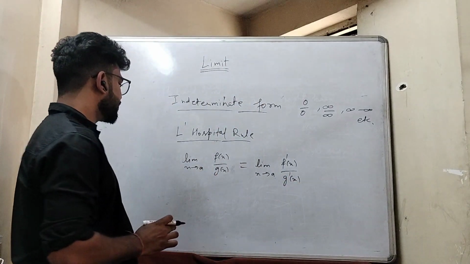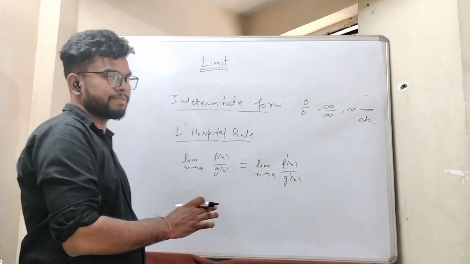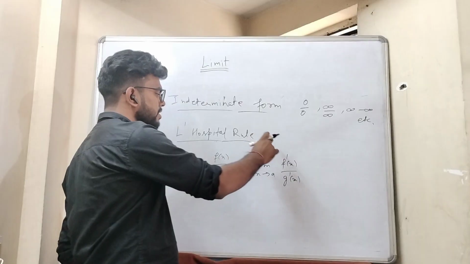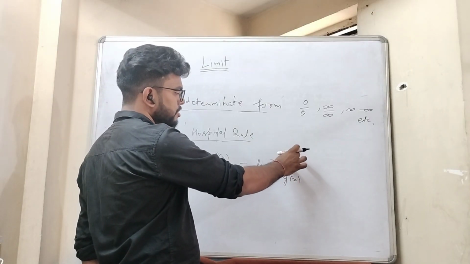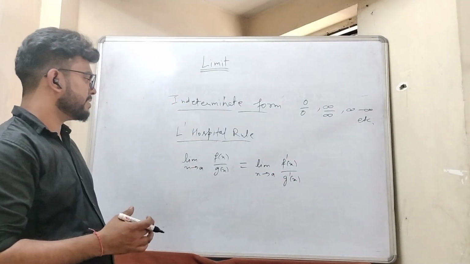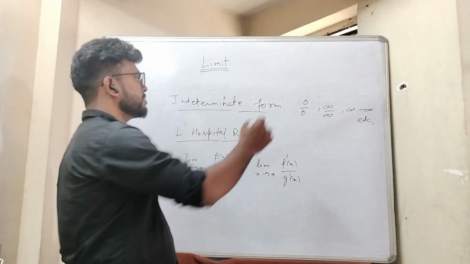The limit is the same whether you directly find the limit of this, or you differentiate the numerator and denominator and then apply the limit. So both will be the same. This is a way of handling such a situation.